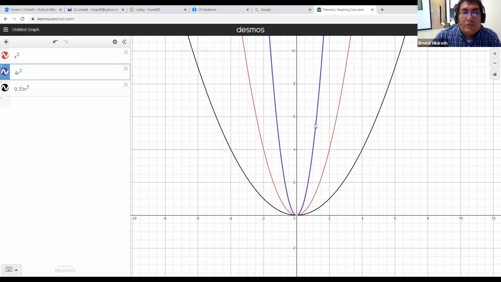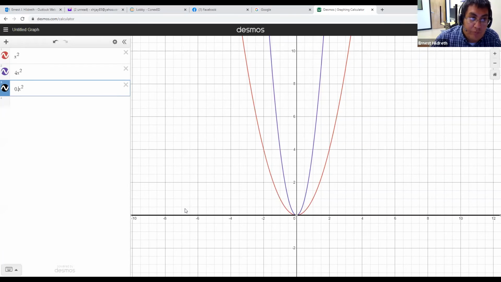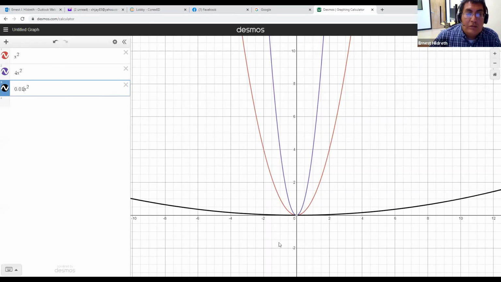As you can see, our original x squared is here in red, it hasn't changed, but as you increase it by a constant higher than 1, it shrinks. And with a number between 0 and 1, it stretches out, so it can continue on like that. So as you get lower with the number, the graph gets wider.